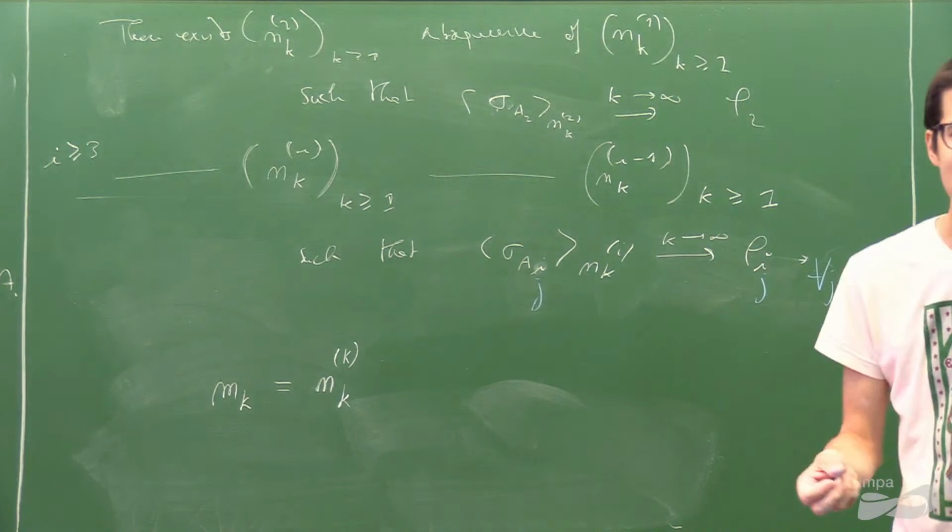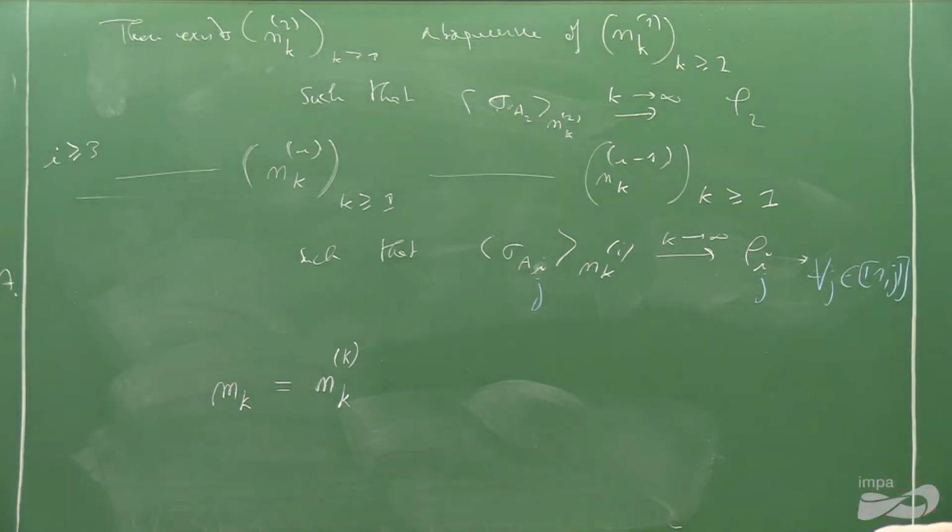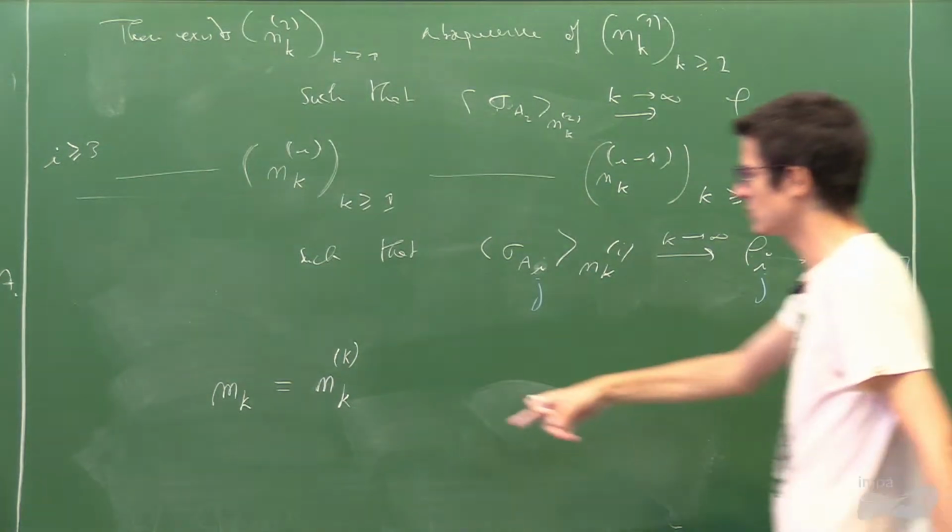So the idea is that you want to have convergence simultaneously for all i. Basically, you would like to intersect all the subsequences. Problem is that if you do that, you might get some empty thing. But the idea is that you don't need to be always in each sequence. You just need to be in each sequence after a certain step. Okay? And this diagonal thing just does that for you.